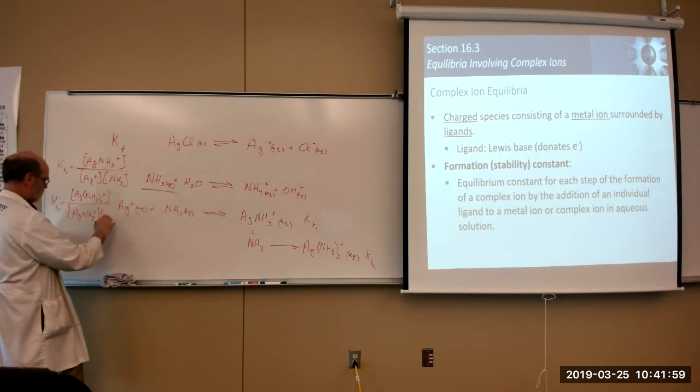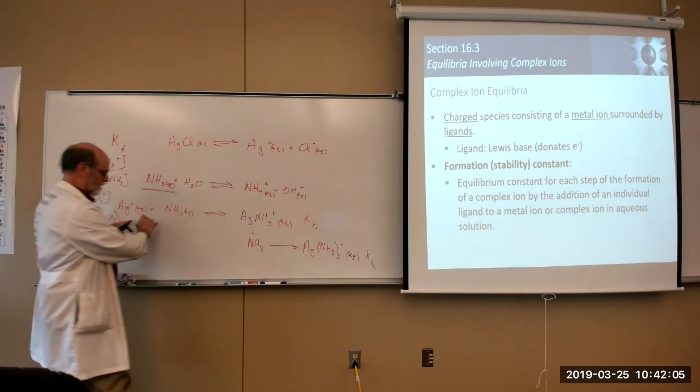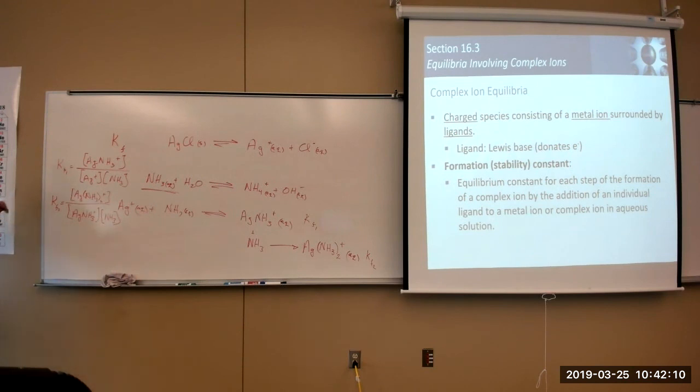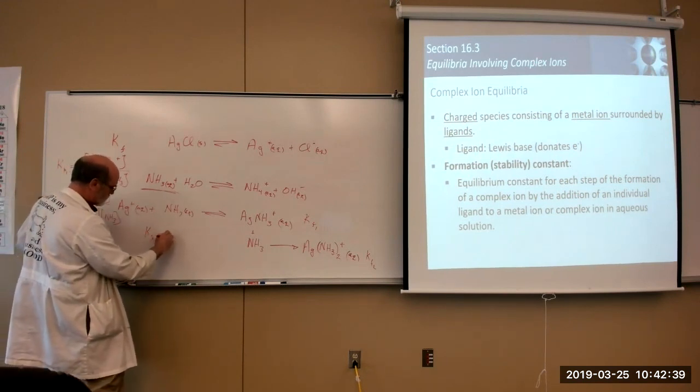So each step, like this step, and then this step. And then you can get a K for the overall reaction. Just use Hess's law and combine them. And of course, when you combine equations, what happens to the K values? Multiply them. So if you combine these two, then your overall K would be this one times that one.